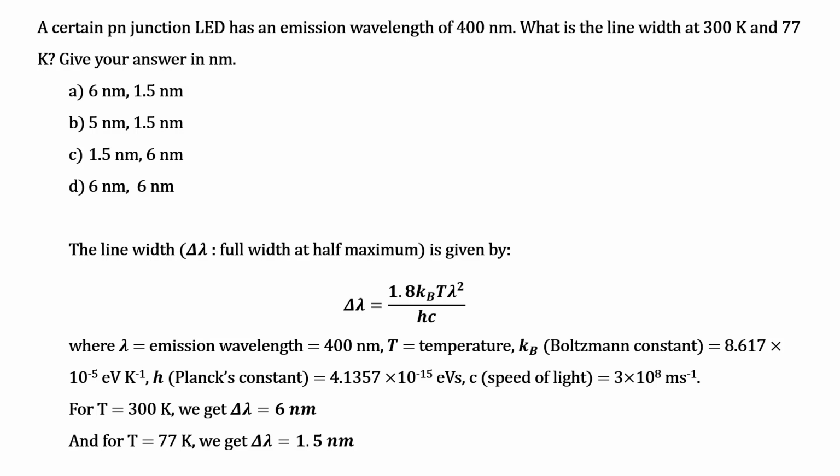The emission wavelength is 400 nanometers, temperature is given, and Boltzmann's constant, Planck's constant and speed of light are known. Most are constants except temperature, and when you change the temperature, the delta lambda value will change. It's a direct substitution question. I hope it's clear for all of you.